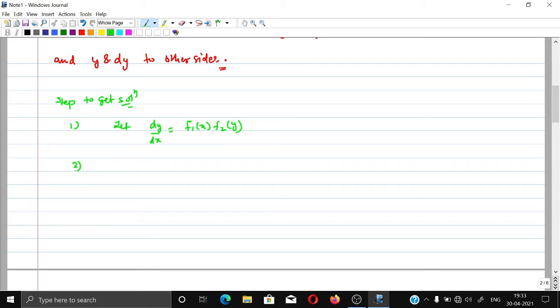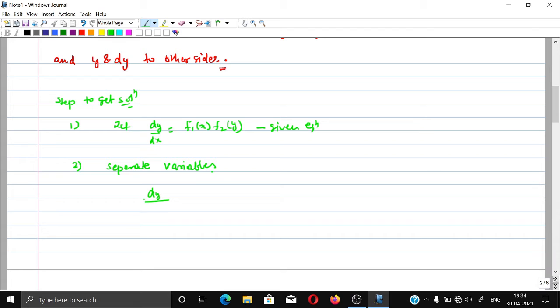After that, try to separate variables using the separation of variables method. You separate the y and dy terms on one side and the x and dx terms on the other side.